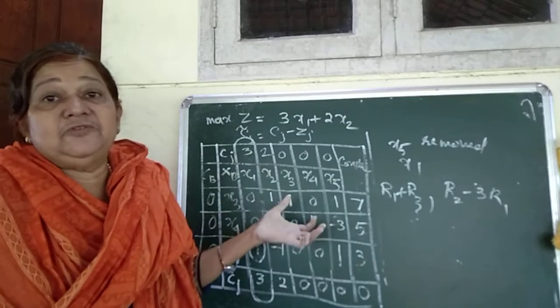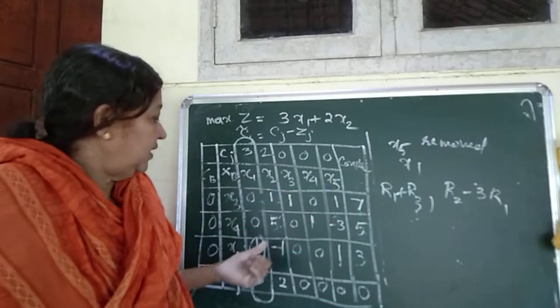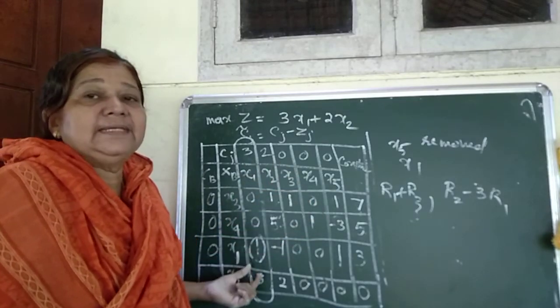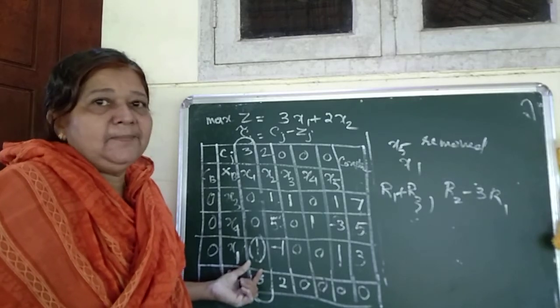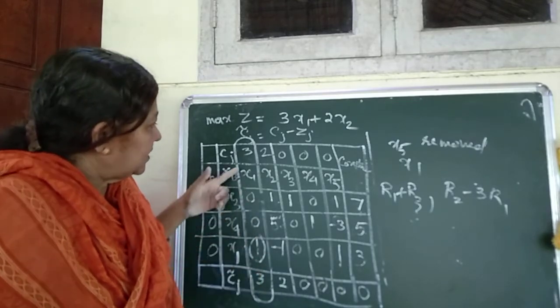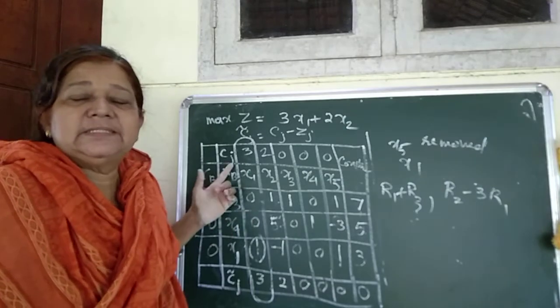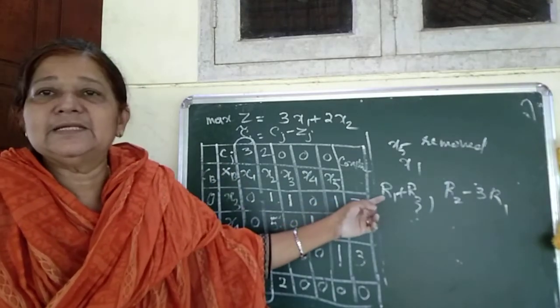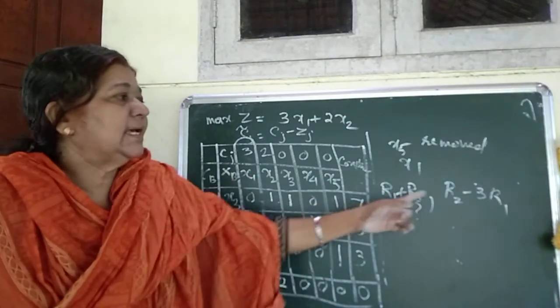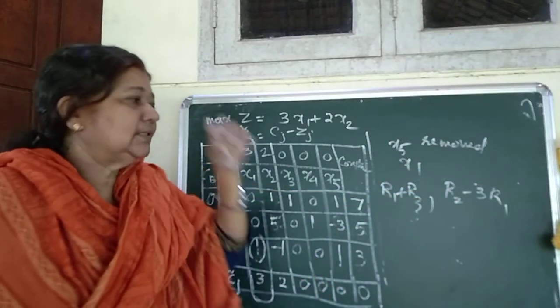We select the minimum value. That element is called the pivot element. Then we have to make all the other elements 0 by elementary transformation, that is R1 plus R3 and R2 minus 3 R1.